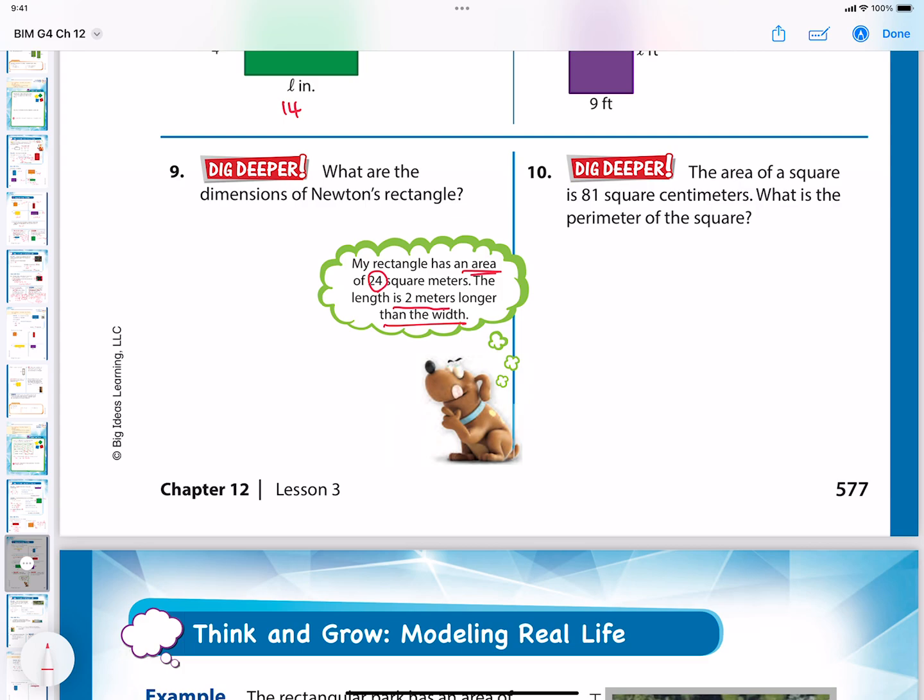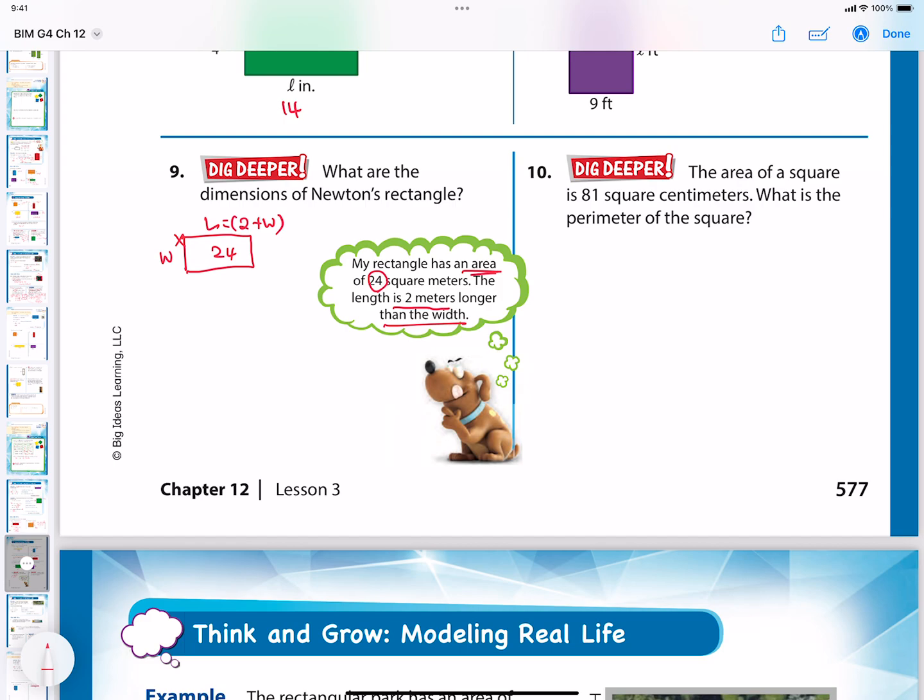So, he said rectangle, area is 24. Unknown width times length will make 24. Then the length is 2 meters longer than the width. Do you understand? Now what are the width and the length? That's what they are asking.